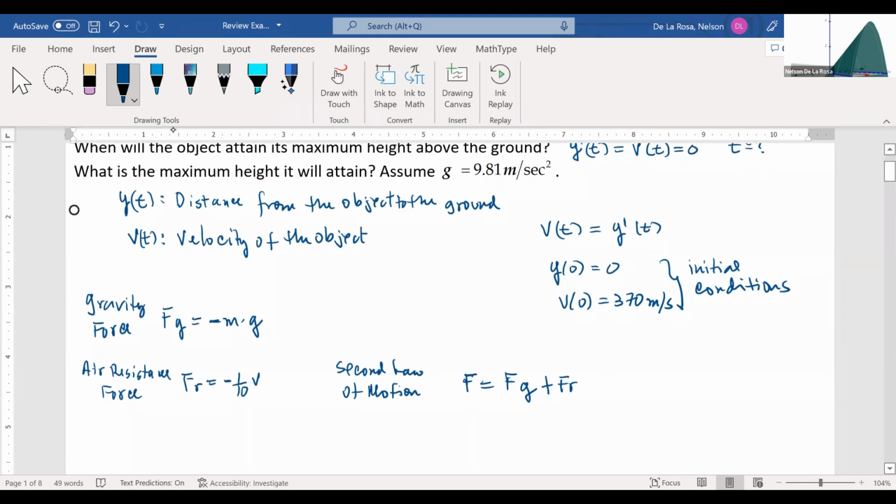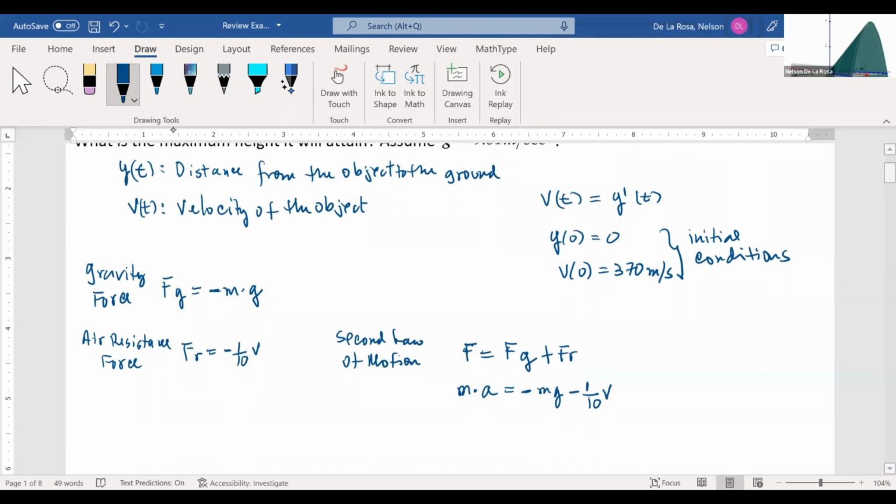So there is a balance of the forces. We know that force is mass times acceleration, and then F g is negative m g minus 1/10 v.